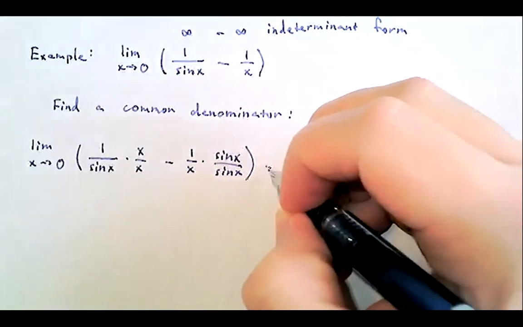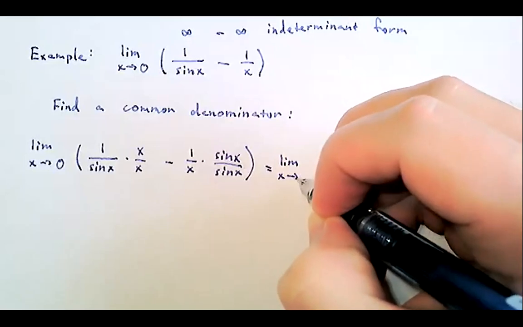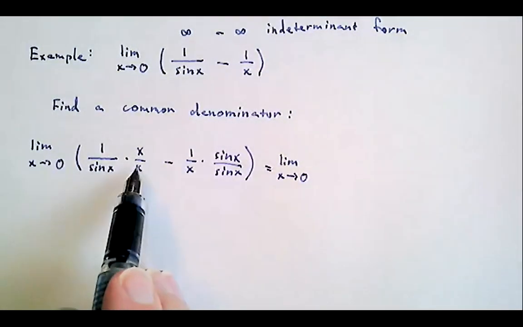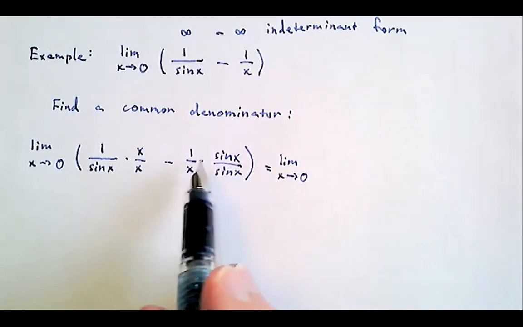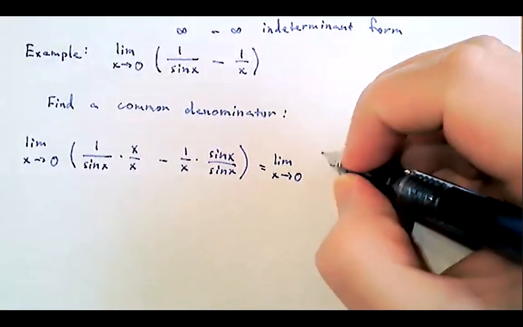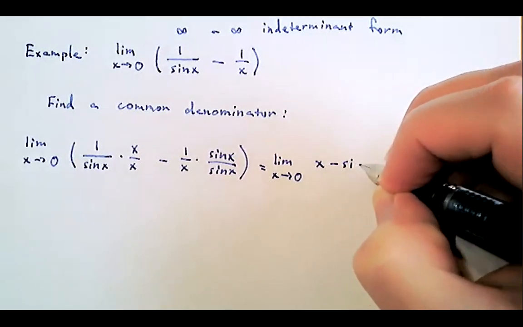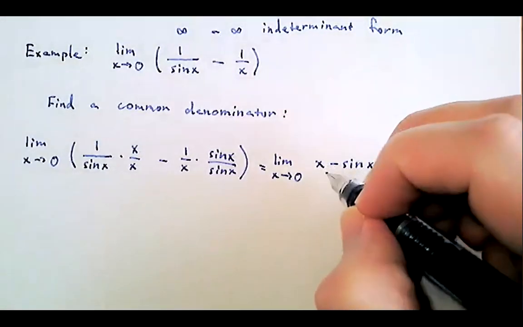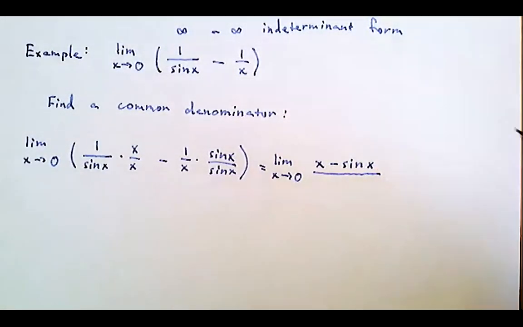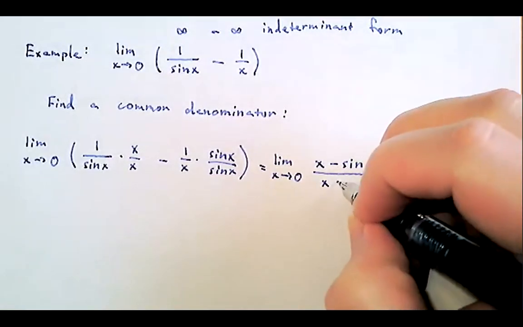Okay, and then just think that through. We're going to get an x up here. We're going to get a negative sine x over here. And then in the denominator, we're going to get an x times sine x.